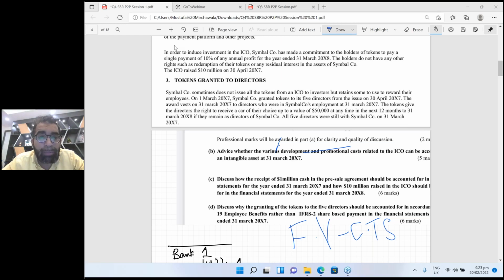But one thing which you all must know is that in IAS 38, the revaluation model is only applied when an active market of that intangible asset exists. Active market means a few transactions are done on a daily basis.